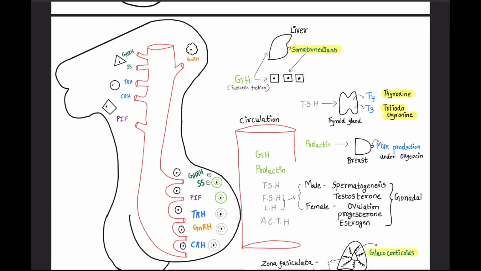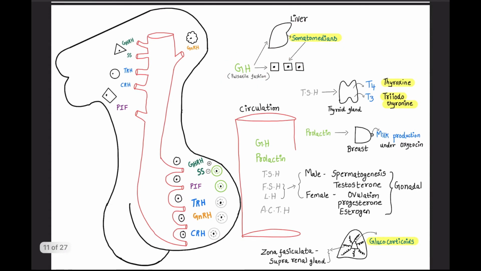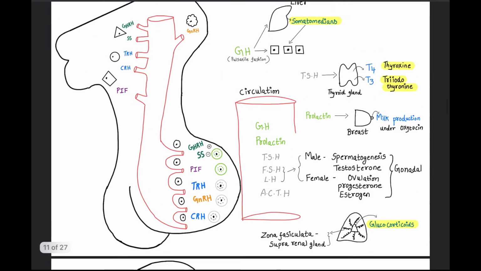So these somatomedins are made up of growth hormone, but somatostatin inhibits the growth hormone. If there is more somatostatin, there will be very little growth hormone, but if there is more growth hormone, there will be more somatomedins, because somatomedins are made from growth hormone. Without growth hormone, there will be no somatomedins.